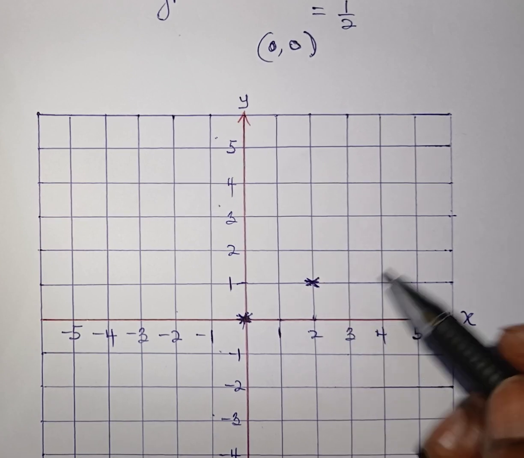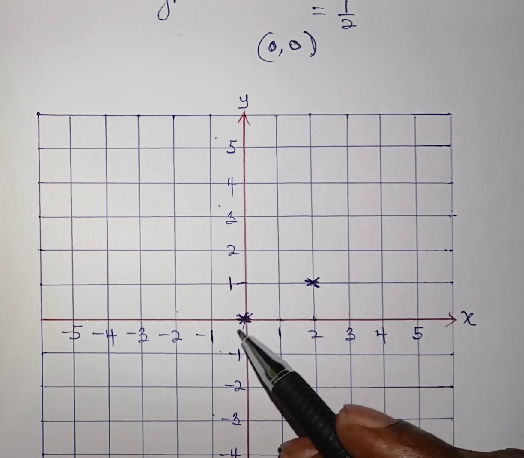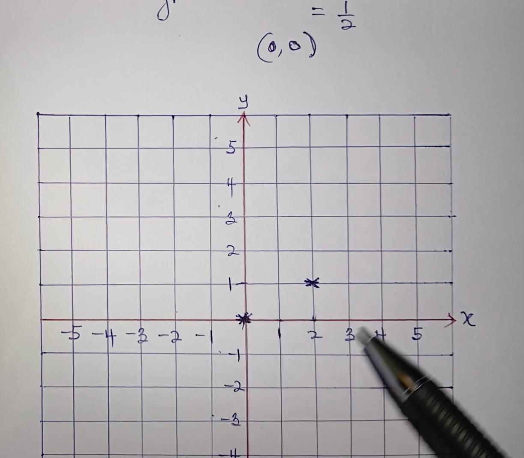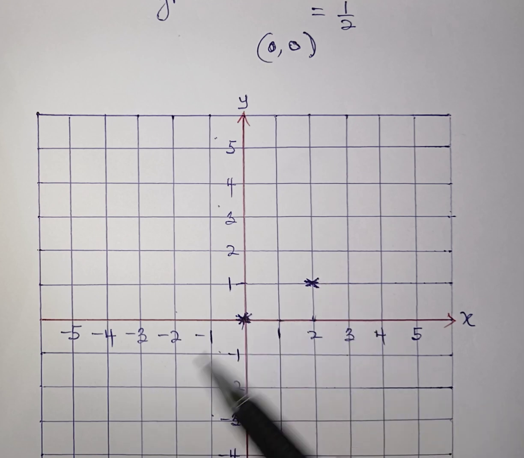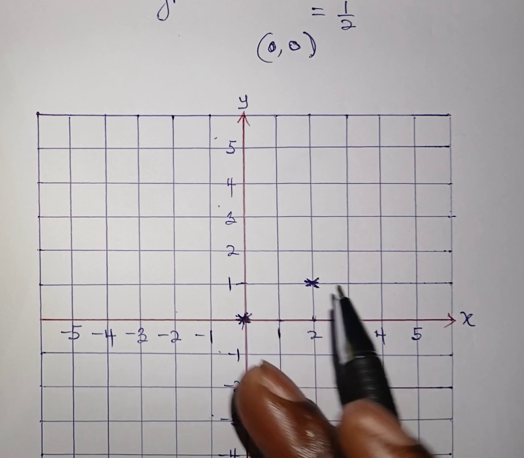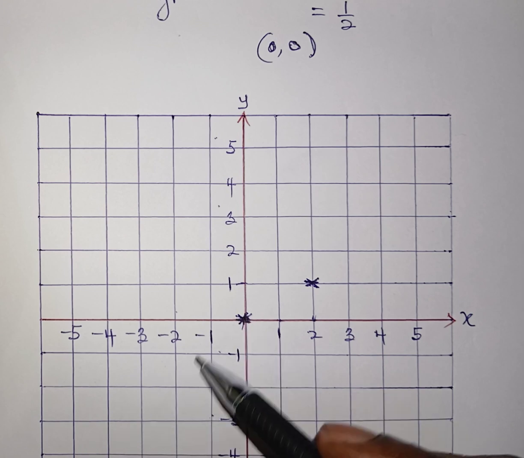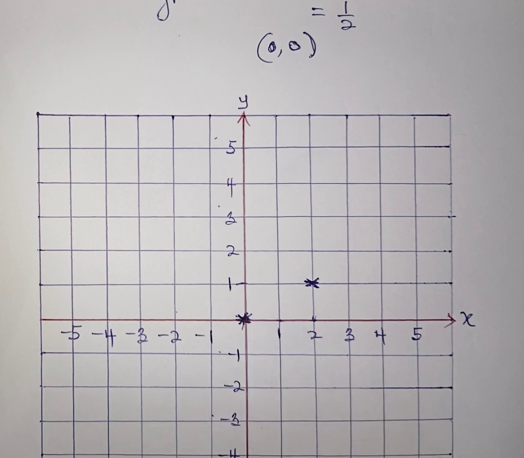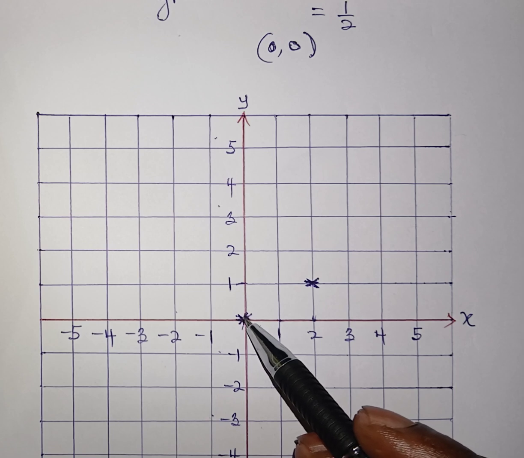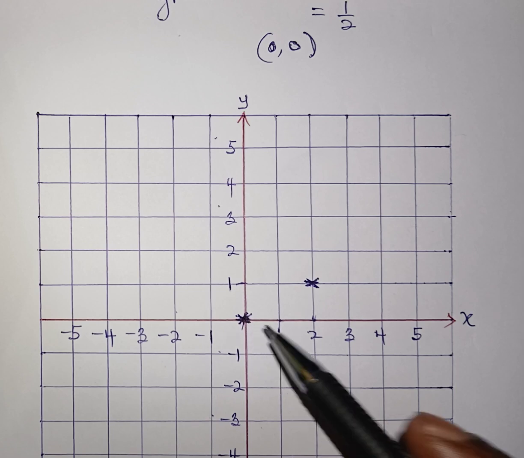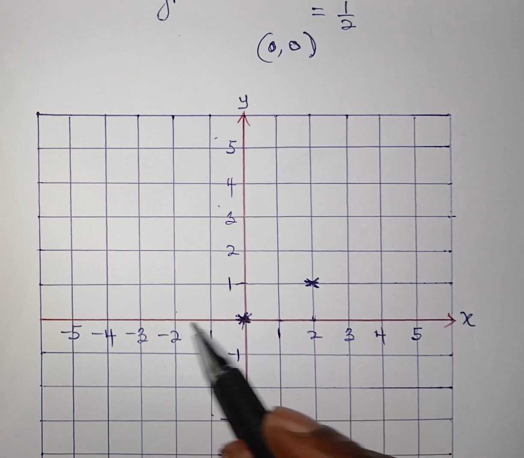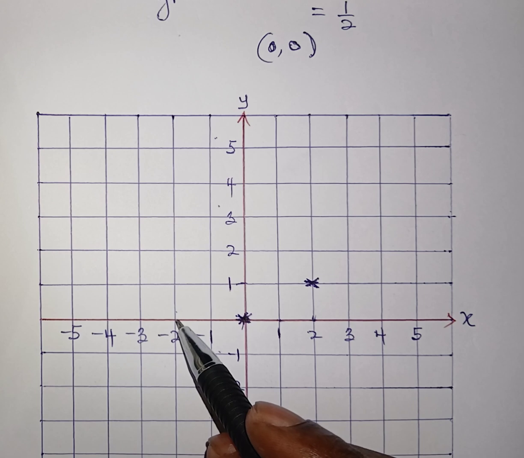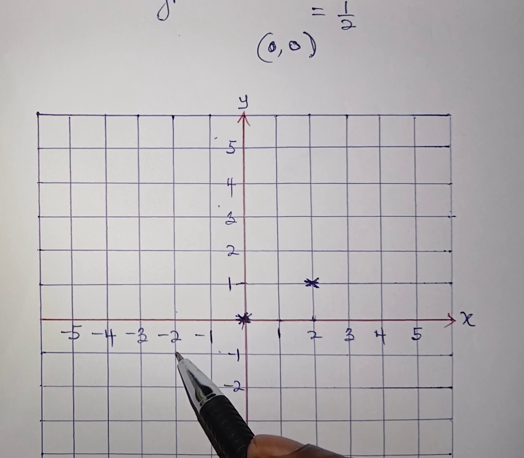Good. Then if you want to get another point, looking at the graph you realize that it will pass here. If I'm going in this direction, it means it is falling. Whenever you're coming down here, it means it is falling. So to get it to fall, if I move 2 units to my left, then it will fall 1 unit.